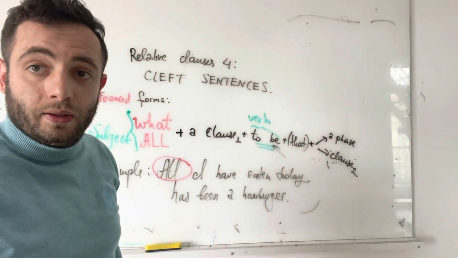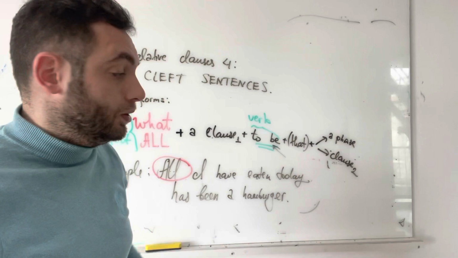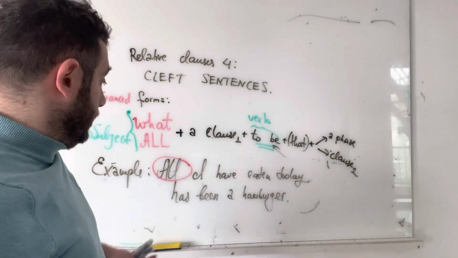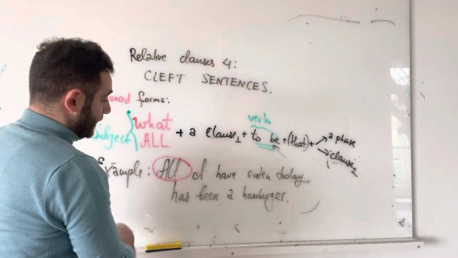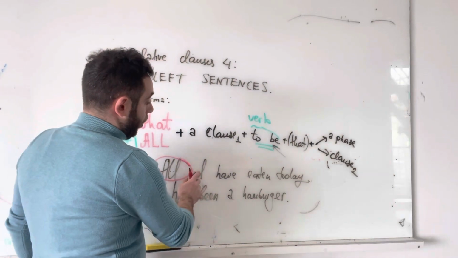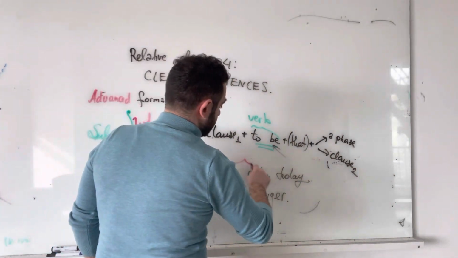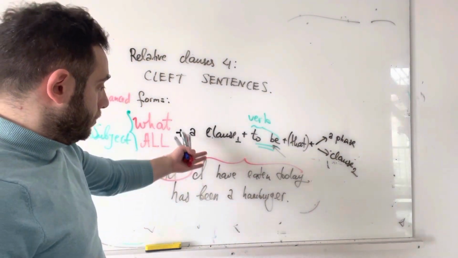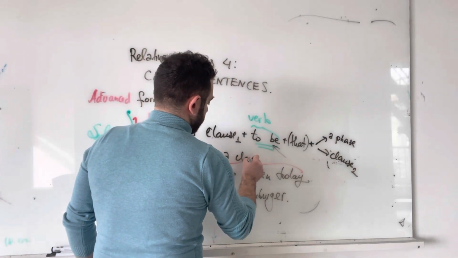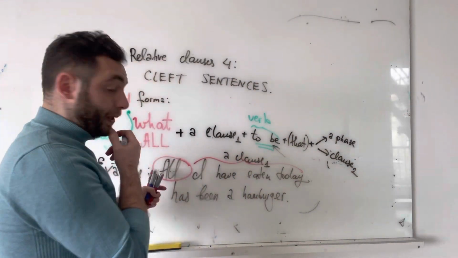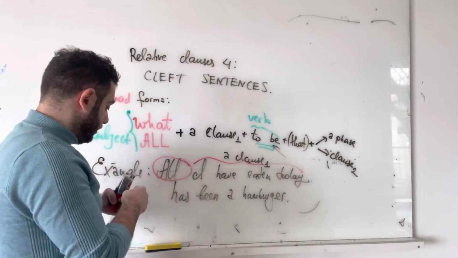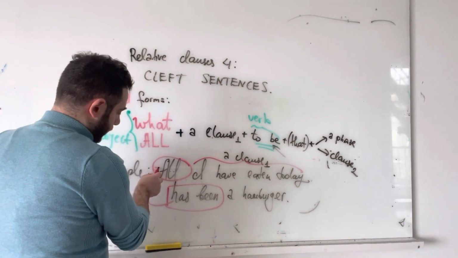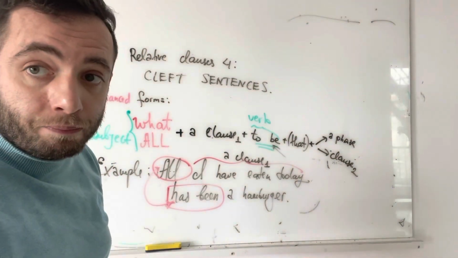And if it is a sentence, if you call it a cleft sentence, just a sentence, it also needs to have its predicative. In this example, it's going to be has been, because all I have eaten today, this part is understandably clause one, and has been is the verb of the sentence, which is linked to all, because all is the subject of the sentence and has been is a verb.